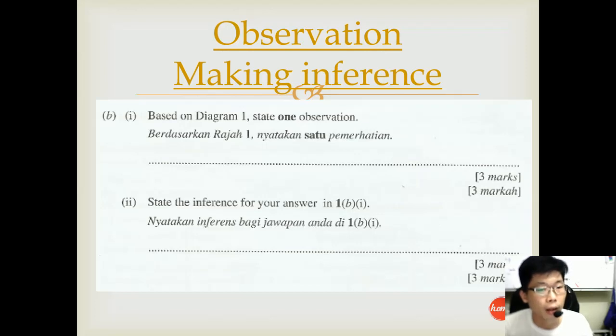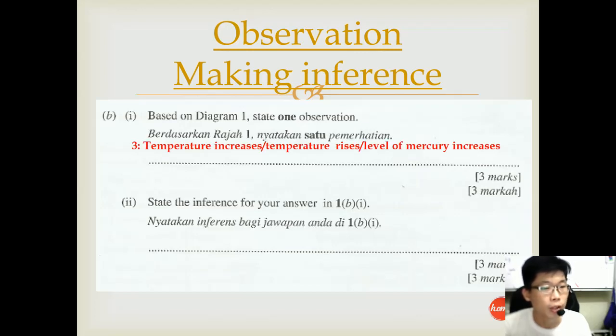So the observation the student can make is temperature increase, temperature rise, or level of mercury increases for score 3. Then if the student writes out the initial temperature is 27.5 or 28, and highest temperature is 32.5 and 33, so we'll be getting score 2.